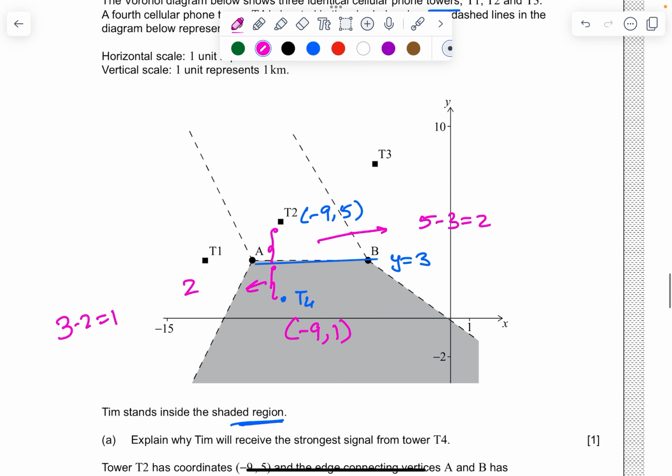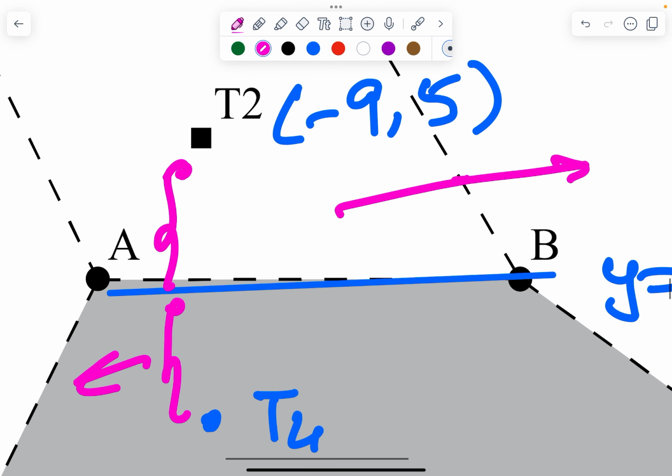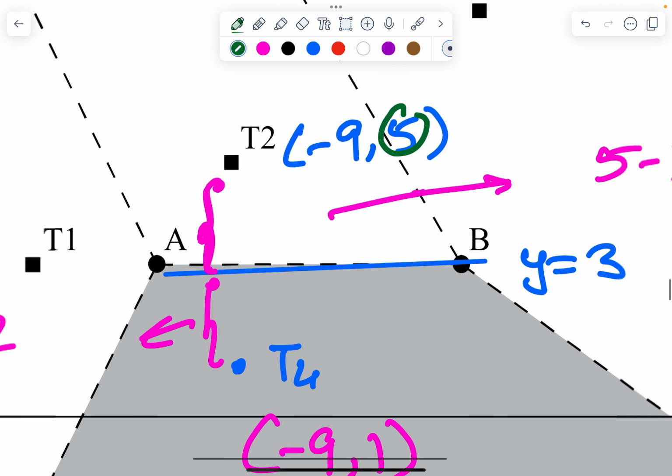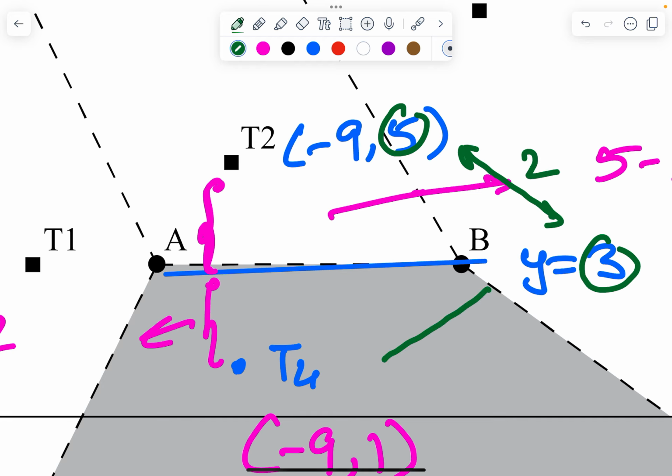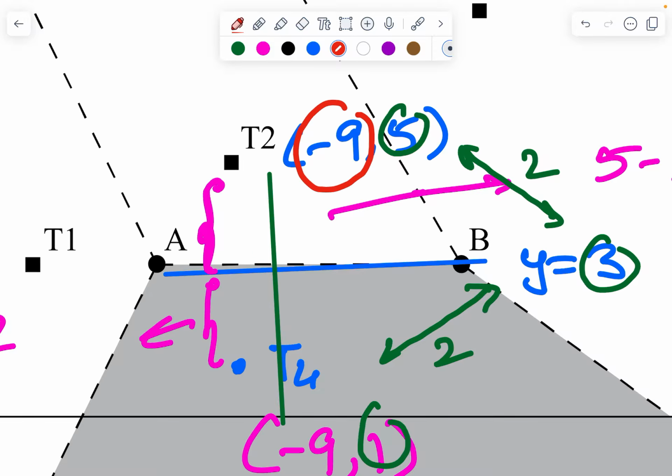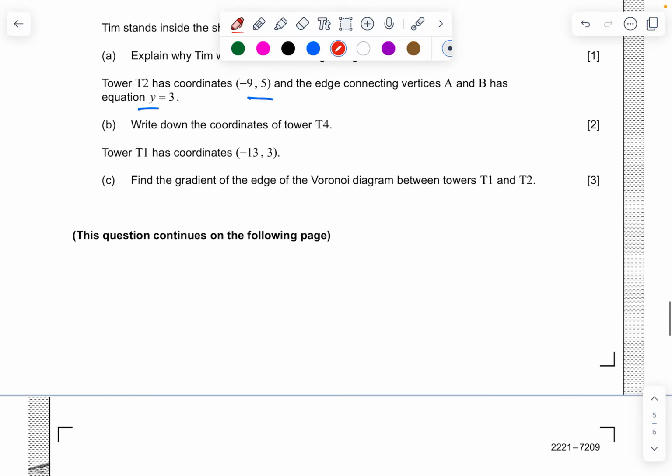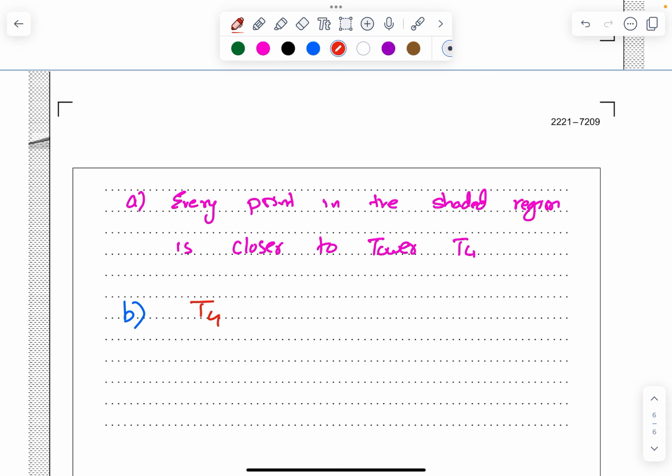The gap is going to be the same, and it is on the same vertical line. Minus 9 remains the same. So the coordinates of T4 will be negative 9, 3 minus 2, which is negative 9, 1.